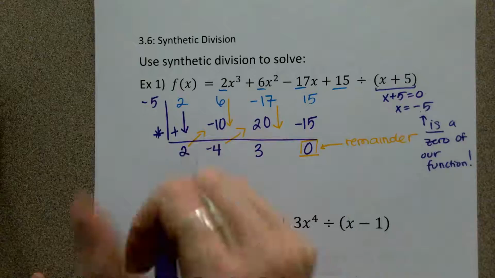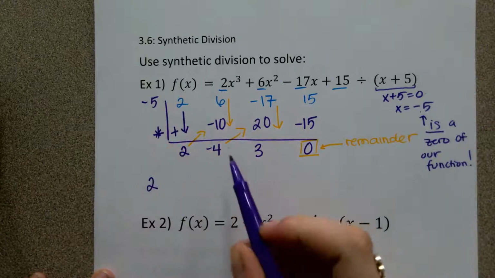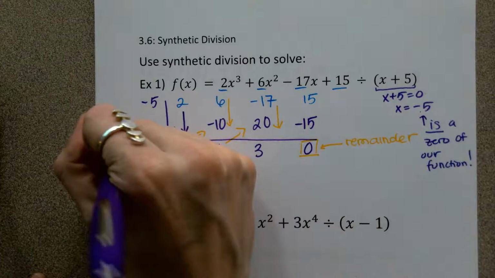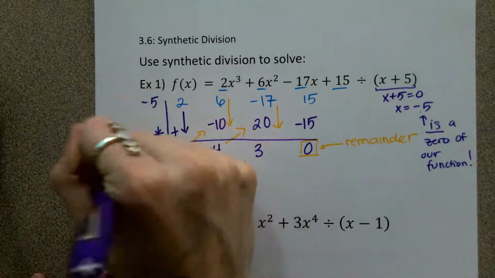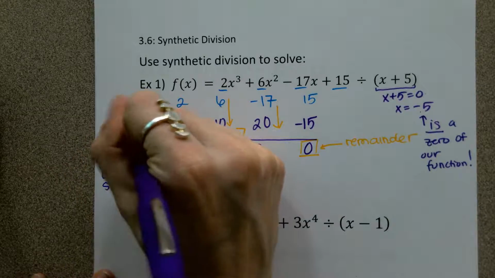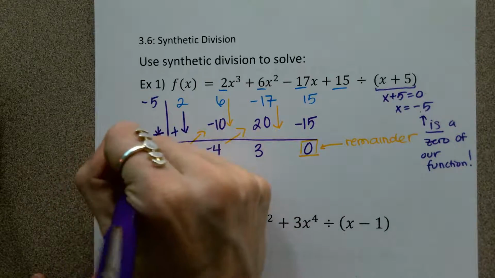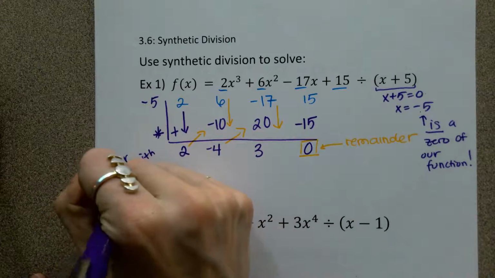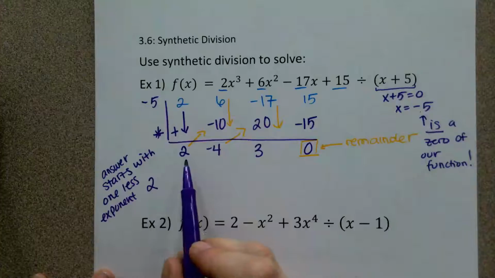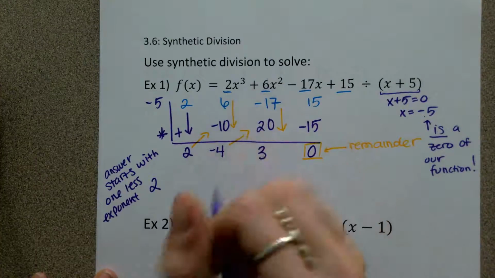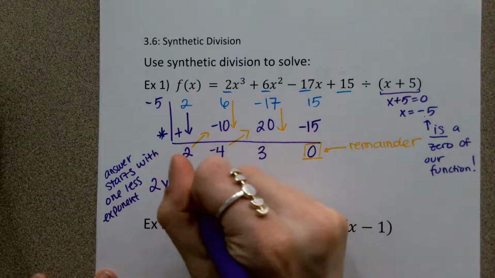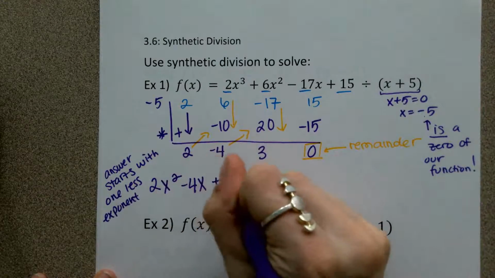To write my solution, we started with an x cubed, so my answer starts with 1 less exponent. These are my leading coefficients. My problem started with an x cubed, so my answers are going to start with an x squared, and then we just decrease from there.